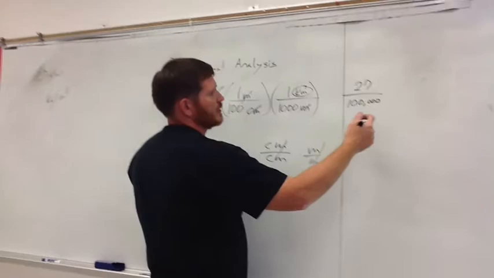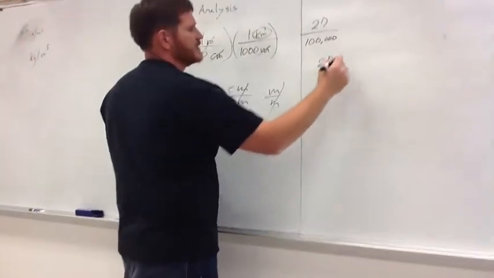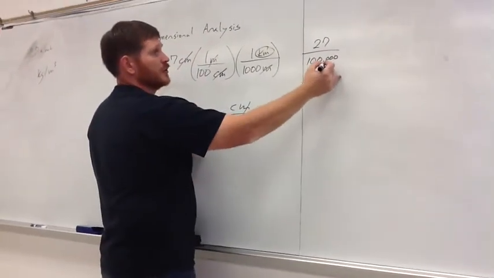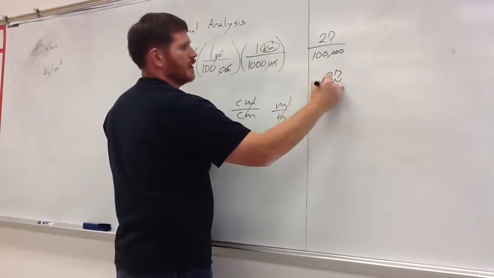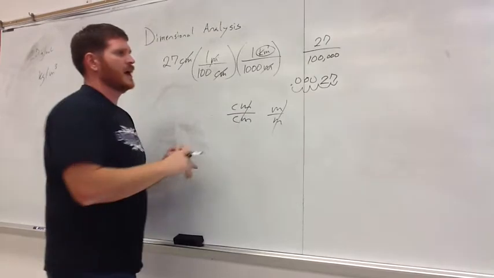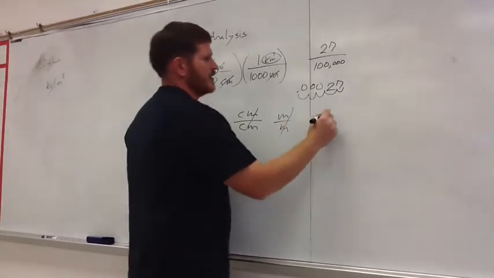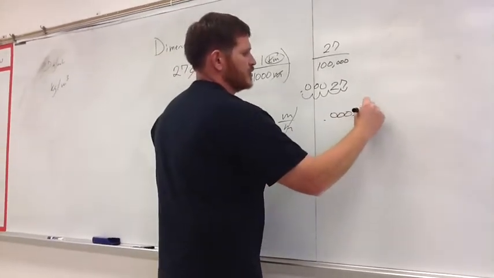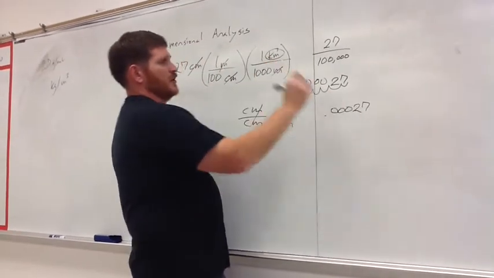So when I do that, I'm going to take my decimal and move it over how many places? 1, 2, 3, 4, 5. Drop my little zeros in, and I'd have an answer of 0.00027 in my new unit of kilometer.